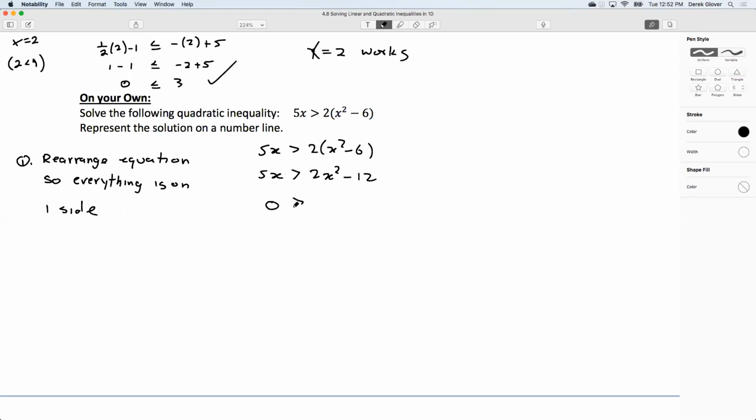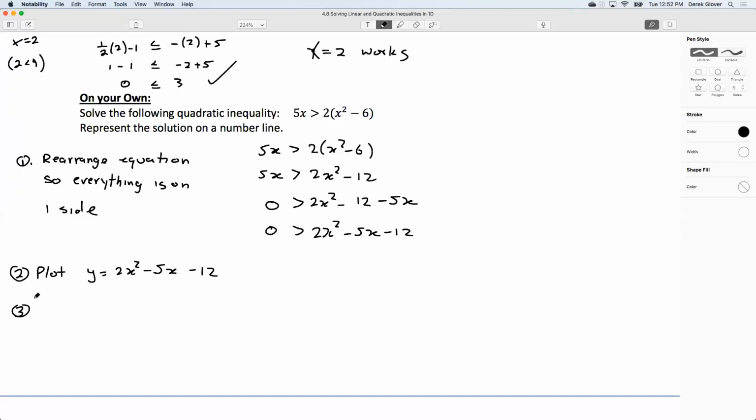So 0 is greater than 2x squared minus 12 minus 5x, and the mathematician in me hates that it's written this way, so I'm going to write it as 2x squared minus 5x minus 12. It doesn't matter if you do this, and quite honestly, you don't even have to expand your brackets. Now we've got some functions to work with. So step 2, we're going to plot y equals 2x squared minus 5x minus 12.